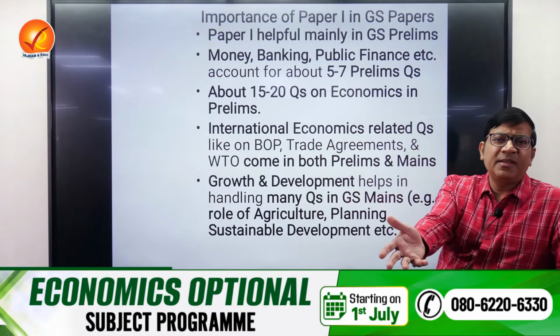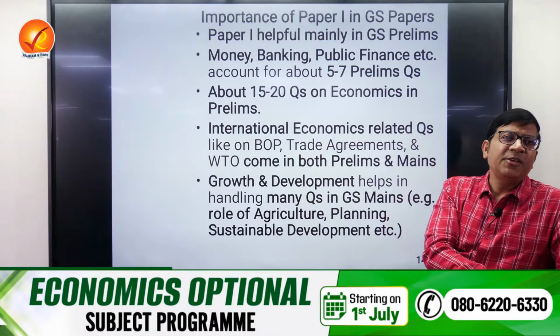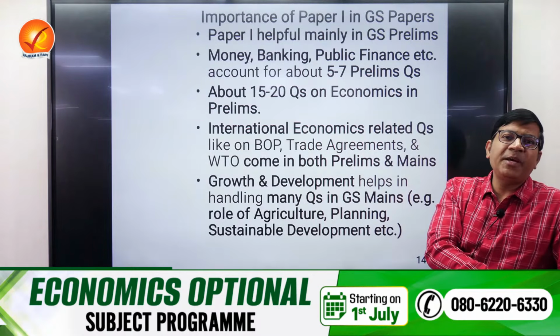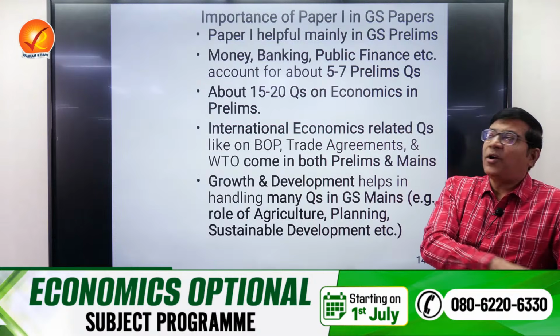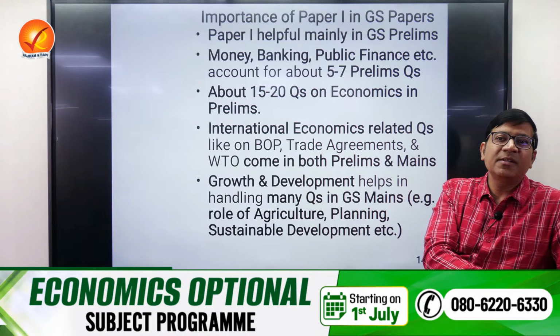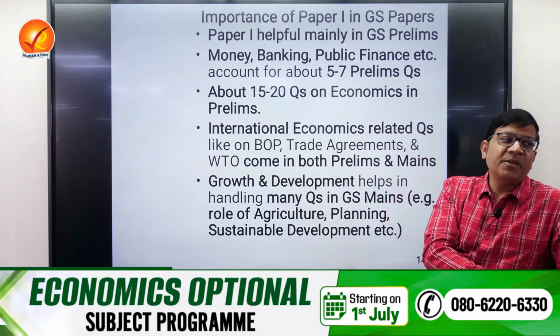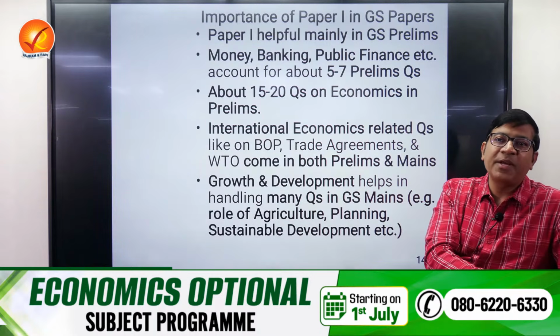You will see it this year also. If you just go through the prelims question paper, you will see questions on, say, comparison of UPI and digital currency, or a question related to tokenization, or a question related to financial inclusion, which is again money and banking.